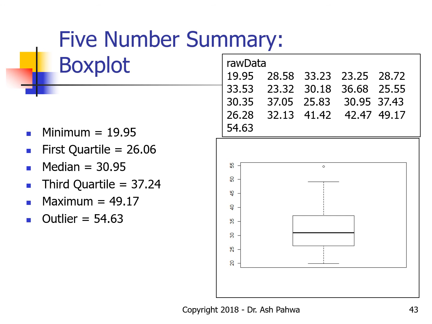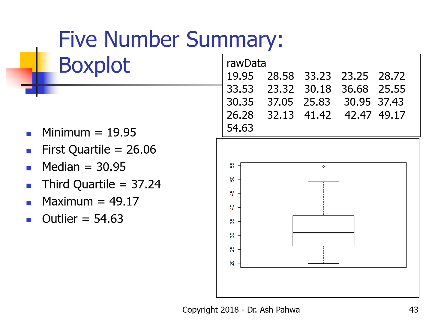In our box plot, the way we show it here, there is a box in the middle, and the top line represents the third quartile. As you can see, the top edge of this box is around 37.24, and the bottom edge is the first quartile, which is 26.06. The whiskers basically represent the maximum and the minimum value of the data.